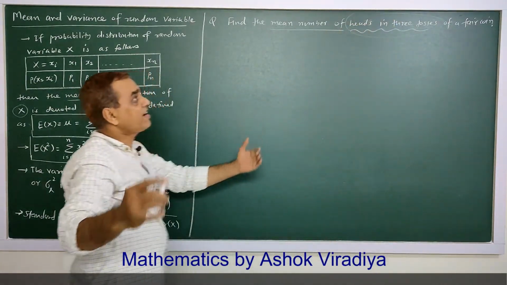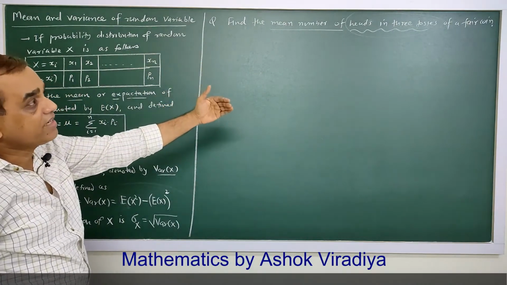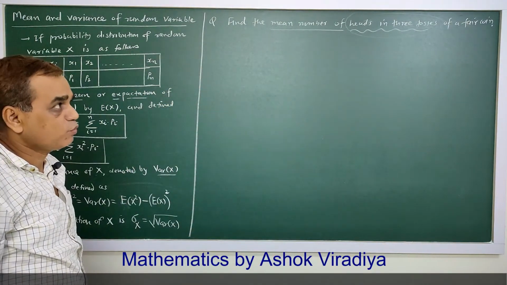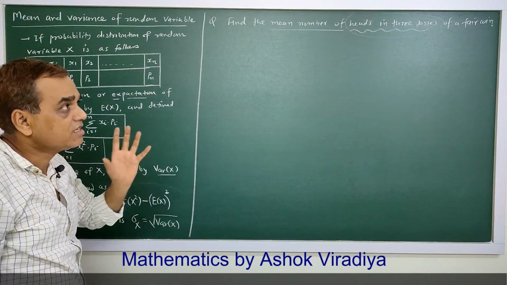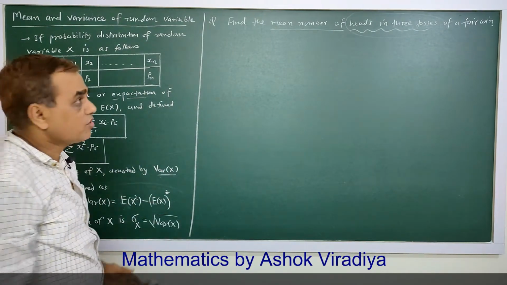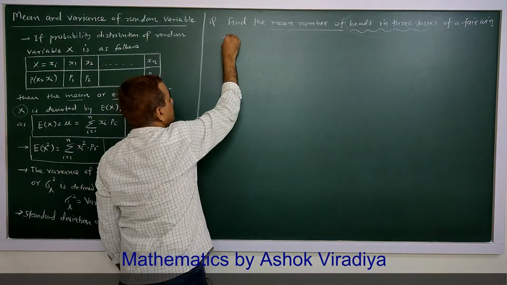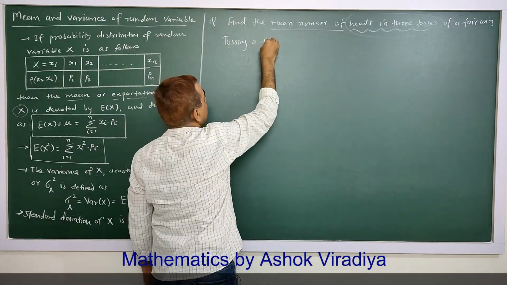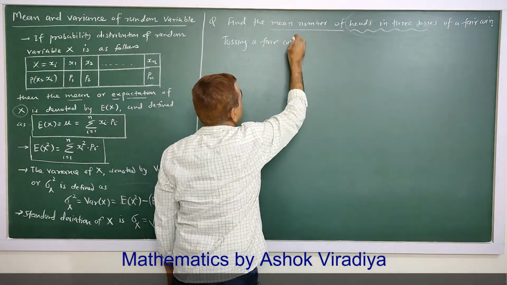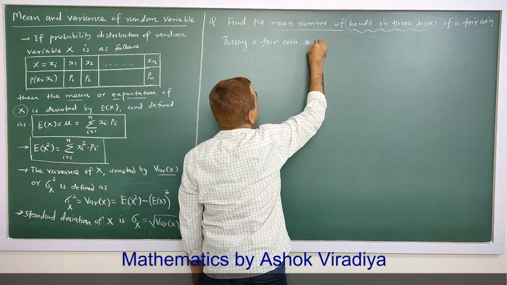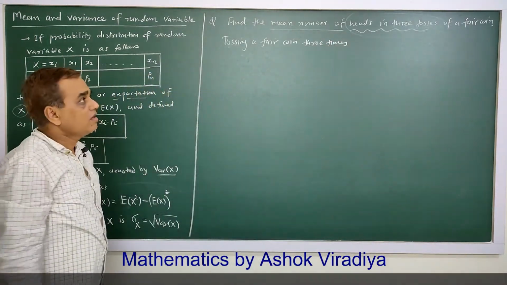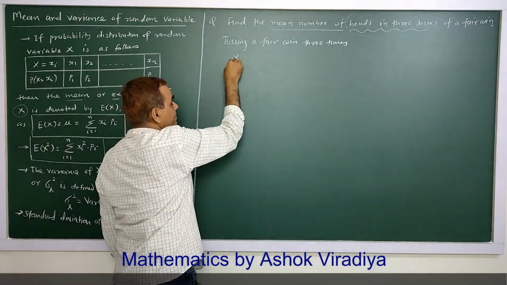So x is defined as number of heads in 3 tosses when a fair coin is tossed 3 times. That x is a random variable.